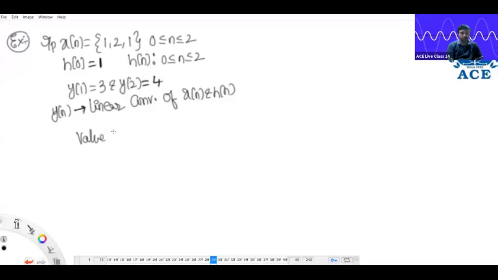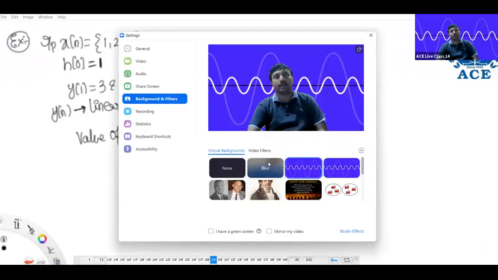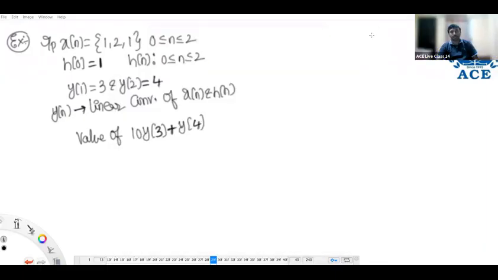So that fellow's question is, what is the value of 10y[3] plus y[4]? It is a combination of both convolution and deconvolution, sir. Input is there for 3 samples. H[n] starting sample is given.